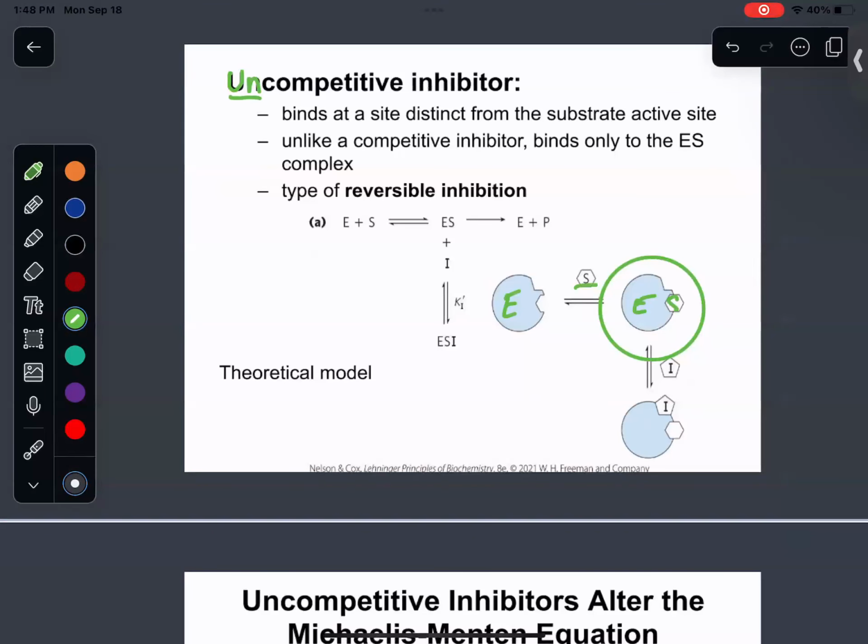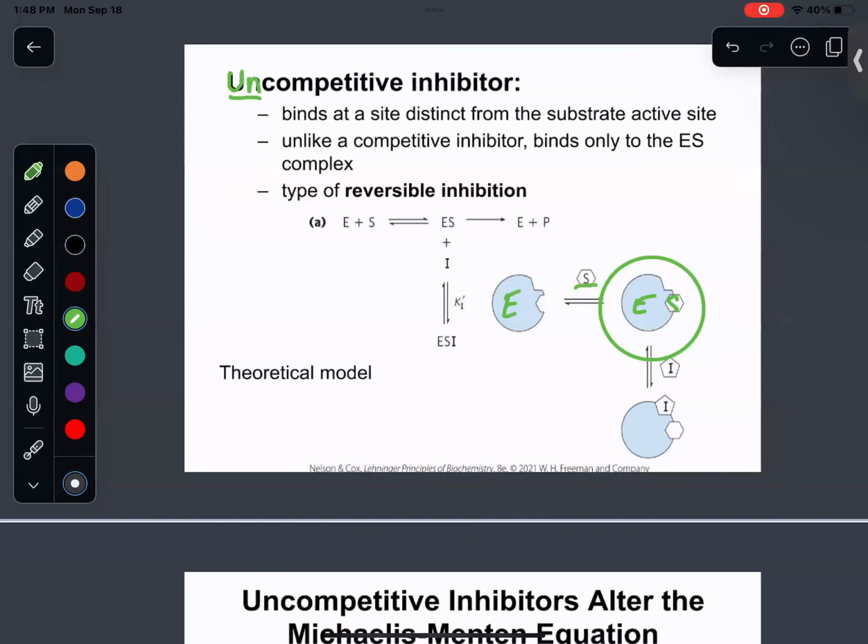Now, AM, as you were saying before, which was a very astute observation, and as Dr. Peterson also mentioned in class, I believe, since the uncompetitive inhibitors are binding to the enzyme substrate complex and not just the enzyme directly, we are likely seeing a little bit of a conformational shift here as a result of the induced fit model, right?